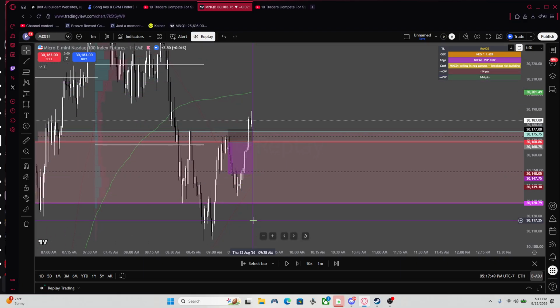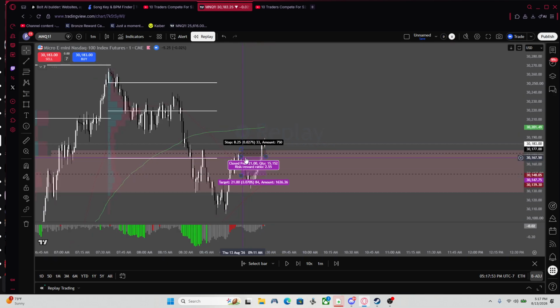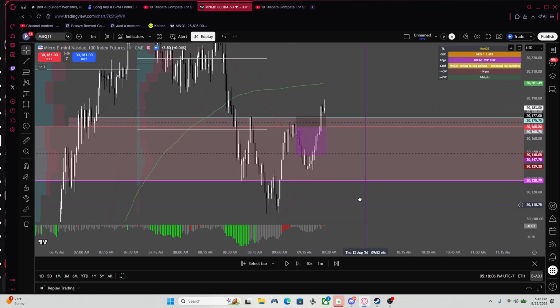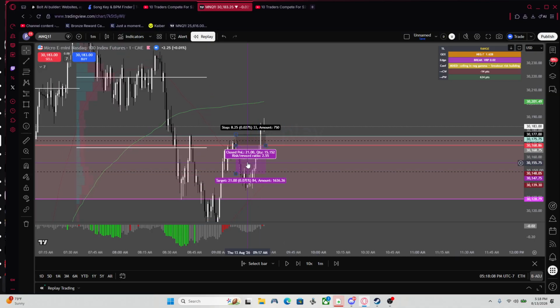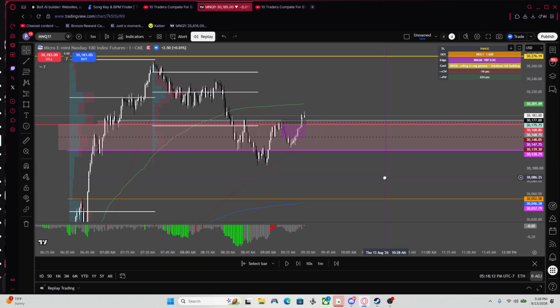SMT right here, right? I'm sure there was some absorption here. These candles look like exhaustion. We're absorbing large wicks, especially right here. This would have been a really good trade, I think. This probably would have been the best trade of the day.